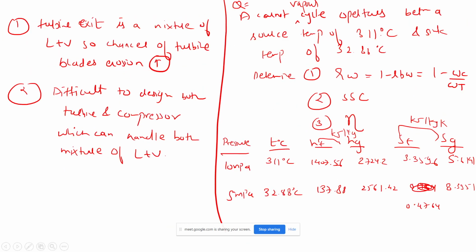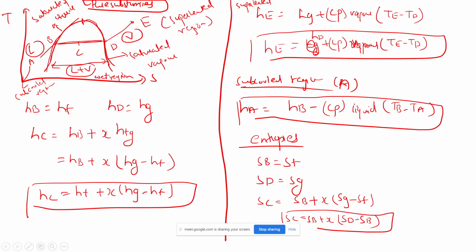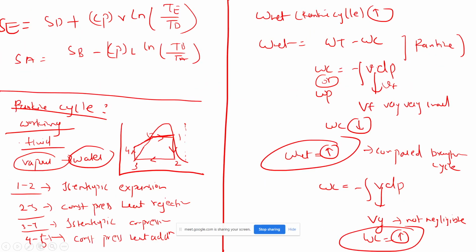Here they have not given it, but in actual its value is very very less for saturated liquid compared to vapors. Therefore in case of the Rankine cycle, the pump work decreases compared to turbine work. That's why the net work output increases for the Rankine cycle.